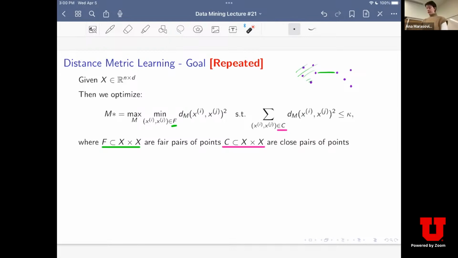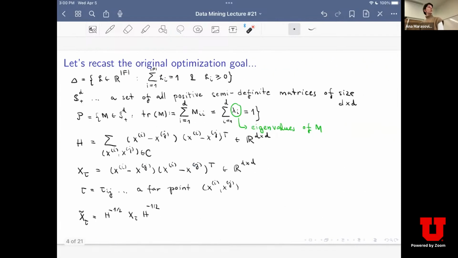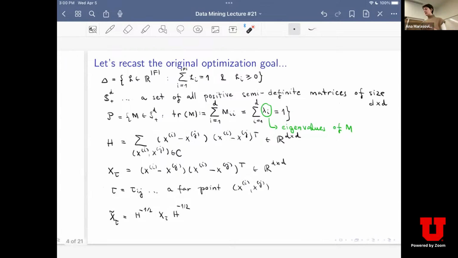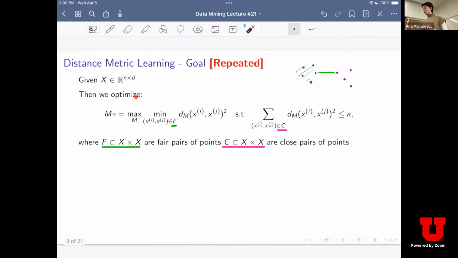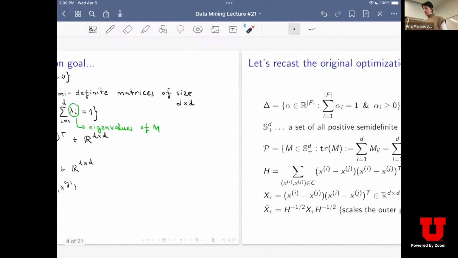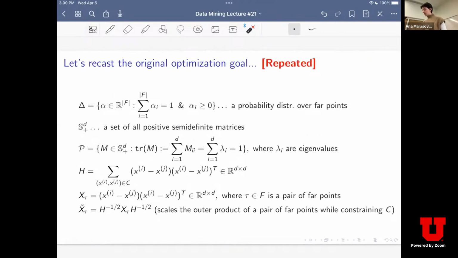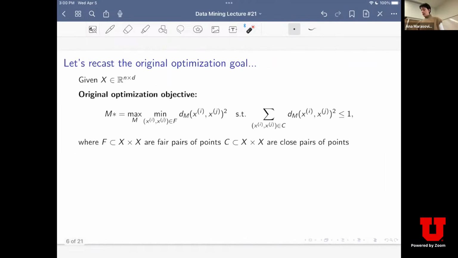Okay, so we have introduced a bunch of things, and the purpose of introducing them is to recast the optimization problem over here, which is computationally not great to tackle, into something that we like computationally more. So that was the purpose of all these symbols over here. This is just repeated stuff. Okay, so let's now recast this.